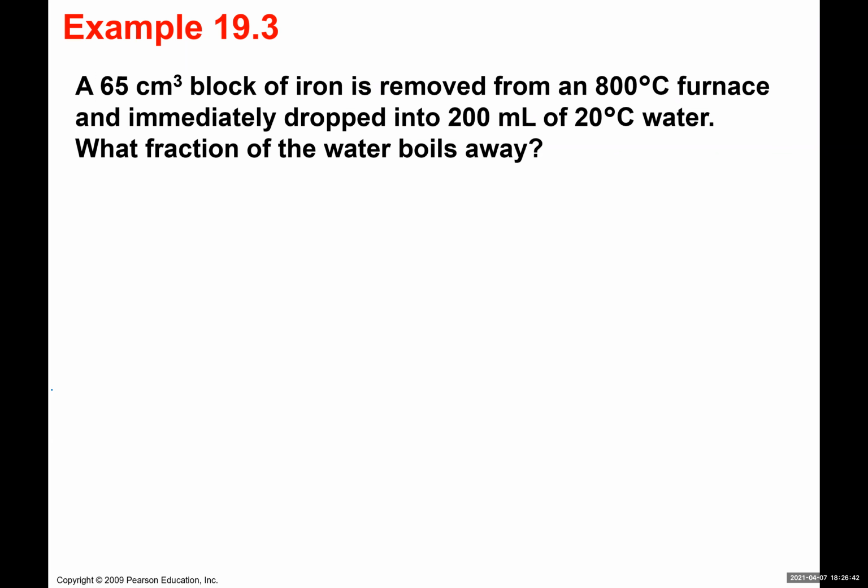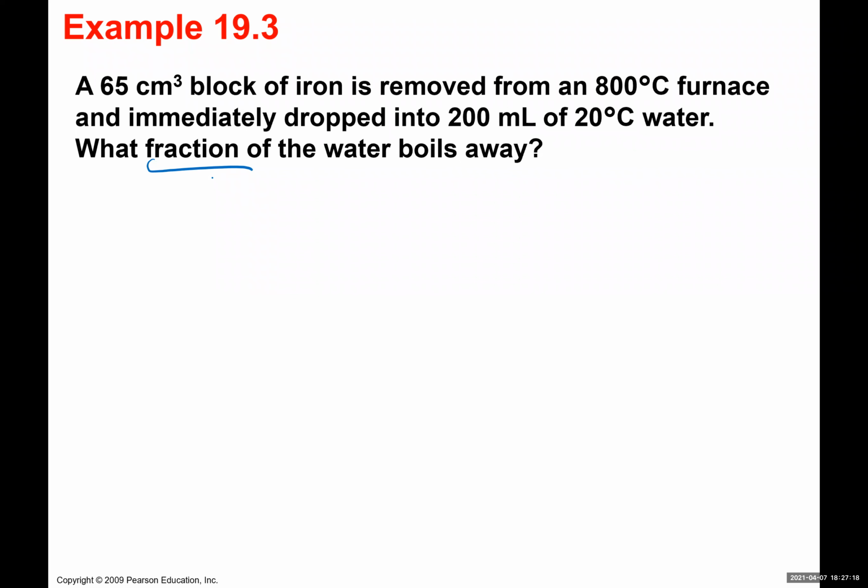Which gives us a hint: the temperature needed for the water to boil away is 100 degrees Celsius, and not all the water is boiling away, because the question is about a fraction. That means the temperature doesn't go beyond 100 degrees Celsius. So when we mix this block of iron with water, we're going to get a final temperature of 100 degrees Celsius, which then boils away some of the water, but not all of it.